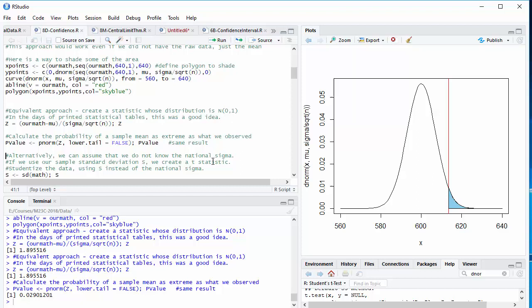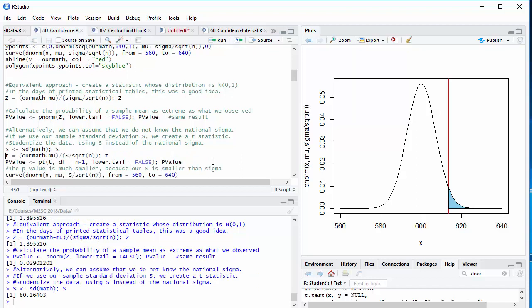Here's an alternative approach. Suppose we don't know the national sigma. We can still, if we have all the data from our school, use the sample standard deviation from our school. So let's do that. We compute the standard deviation from our school, and notice R does exactly what we want. It tries to estimate the standard deviation from the vector of data.